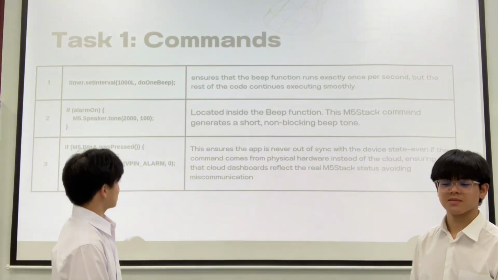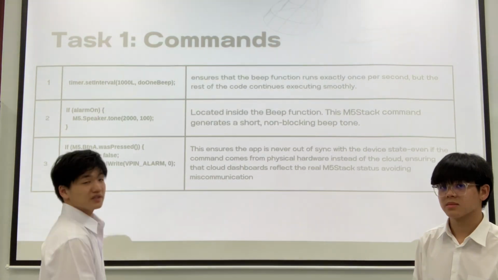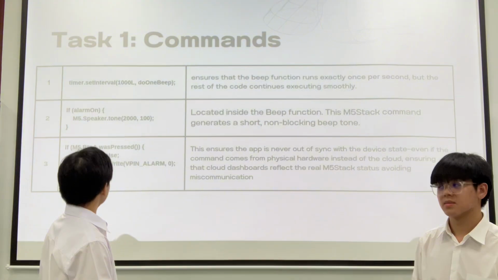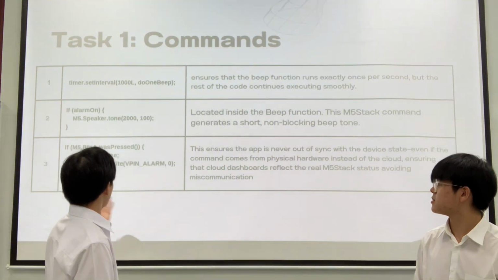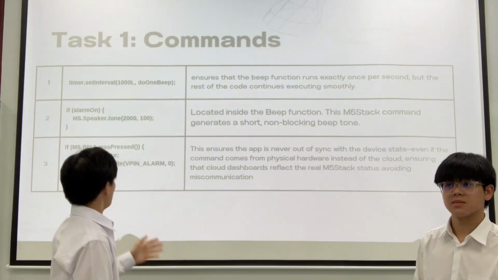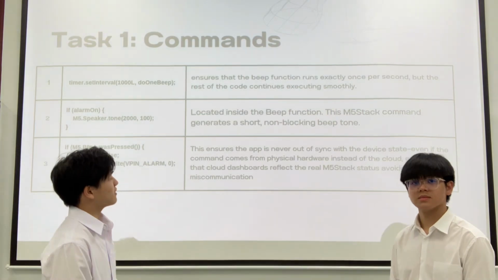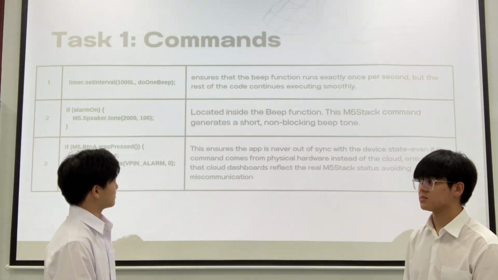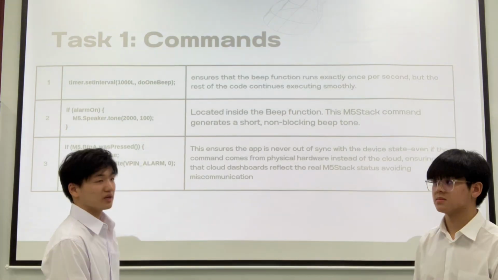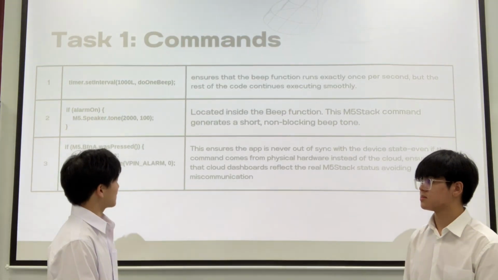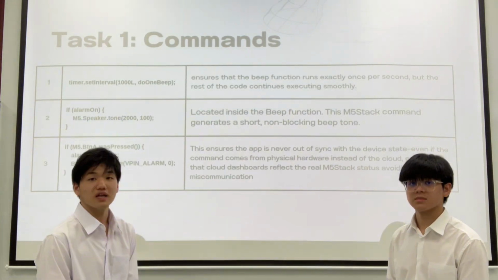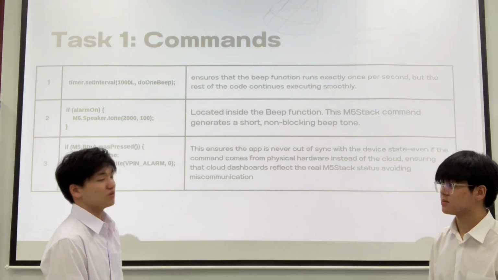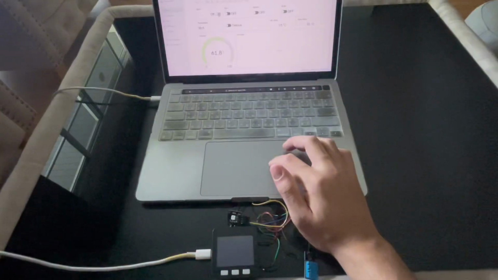The third command is in the if statement: if button A was pressed, alarm on is equal to false. The last line ensures that the app is never out of sync with the device state, even if the command comes from the physical hardware button instead of the cloud, ensuring that the cloud dashboard reflects the real status of the M5 Stack, which avoids miscommunication.